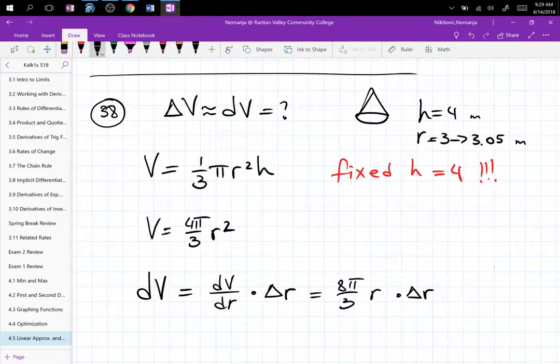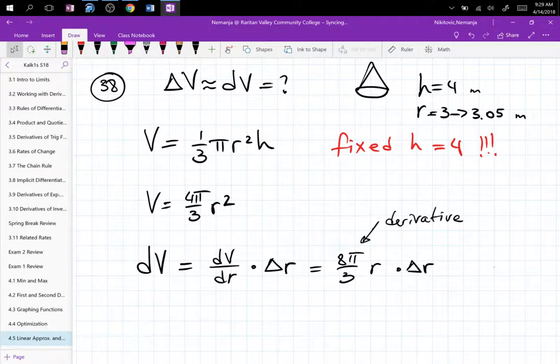So that's the derivative. Delta r should be clear that it's 0.05, because you are subtracting the new state minus the old state. And r is 3, because that's where the system starts evolving.